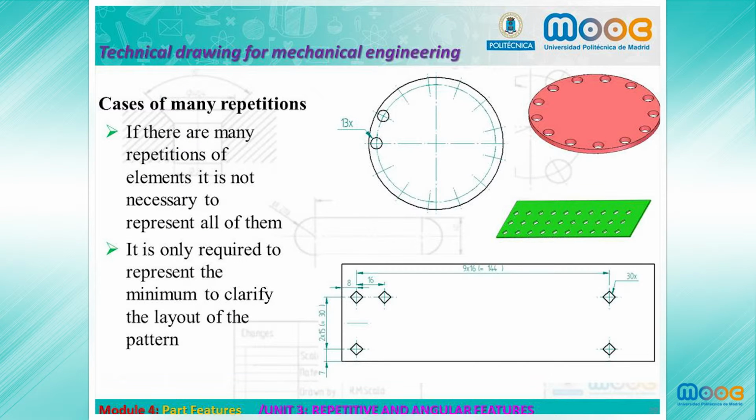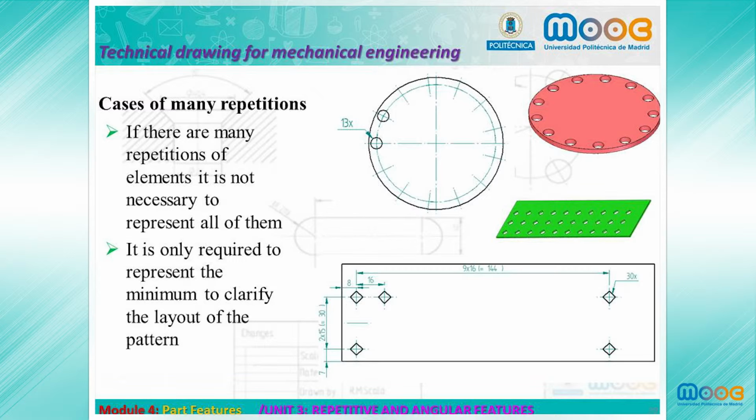Well, we also find cases of many repetitions. If there are many repetitions of elements, it's not necessary to represent all of them. In this case, we will describe the single element and the pattern size, but we are not going to represent all the contour of the elements.